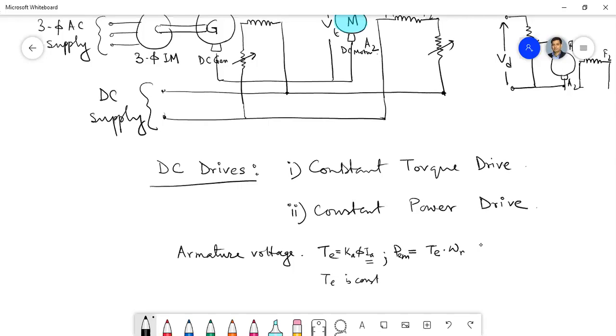That is okay. But what about the power? If torque is constant, but you are controlling the speed, how can the power be constant? So that means power is varying.